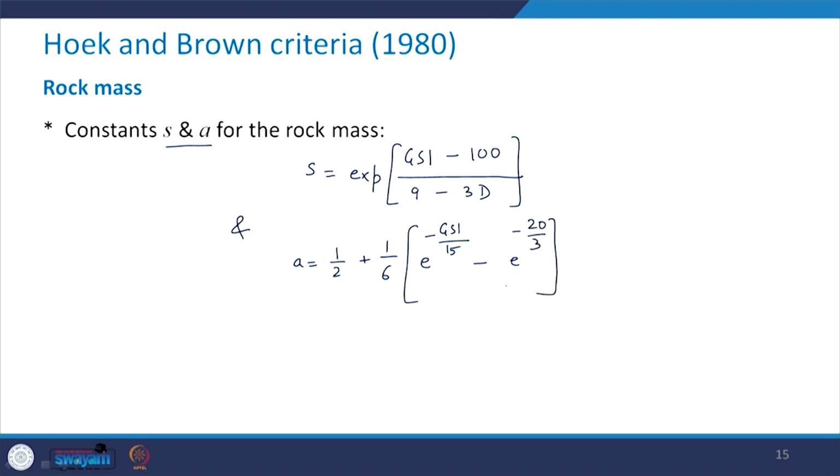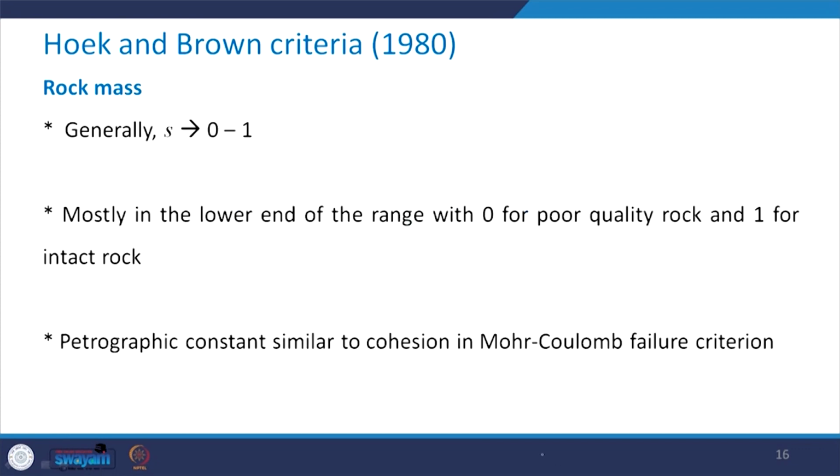So, this is how the constants for the rock mass, which are s and a, can be determined, and we have already seen how the parameter m for the rock mass can be determined. Generally this s for the rock mass varies in the range of 0 to 1, and as explained earlier, mostly in the lower end of the range, with 0 corresponding to poor quality rock and 1 for the intact rock.